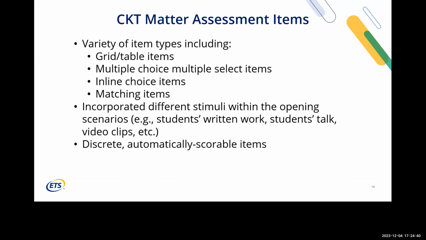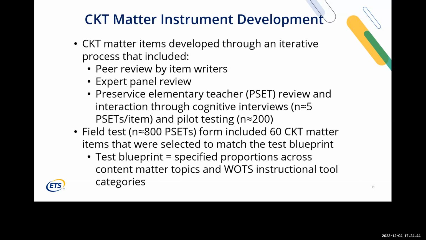If you go to the next slide, Dante, this just provides a very broad overview of our CKT Matter instrument development process. All of the CKT Matter items that we developed used an iterative process. It included multiple rounds of review, feedback, and refinement across various stakeholders.